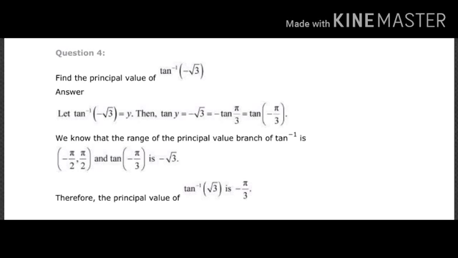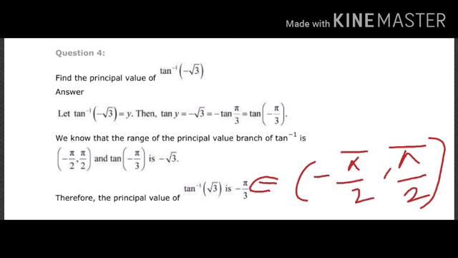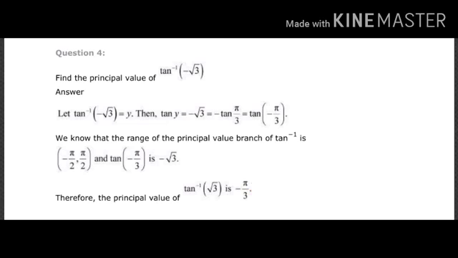We know the range of principal value branch of tan inverse is again minus pi by 2 comma pi by 2 open bracket, and tan minus pi by 3 is minus root 3. So we can say that the principal value of tan inverse minus root 3 is minus pi by 3, as it lies in this interval minus pi by 2 to pi by 2.